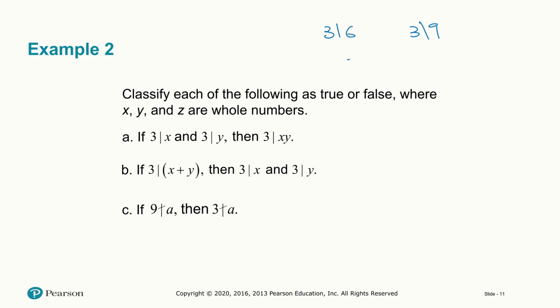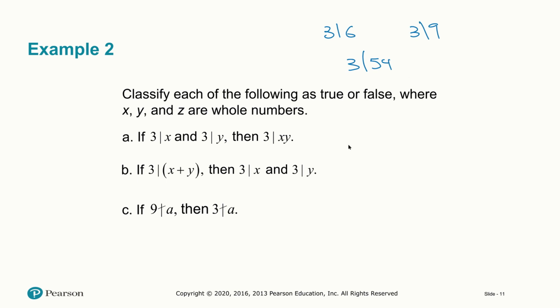Does that imply that 3 divides 54, or 6 times 9, right? So again, you can actually do this using a formal proof, but just as a demonstration here, yes, it does hold, right? Notice that's just 2 times 3, and that's 3 times 3, and when you multiply them, that product is definitely going to have a factor of 3 in it, so therefore 3 is going to go into the product.